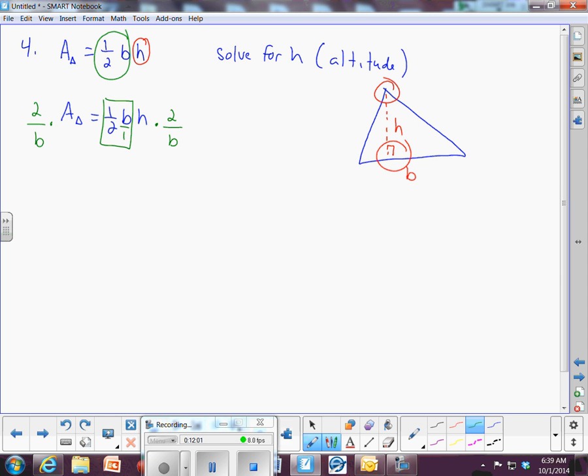A 2 over B. So if you look on the right side, the 2's divide out and the B's divide out. And sure enough, our height is isolated all by itself. What's the top? 2 times the area divided by the base. And there's the formula for the height or the altitude.